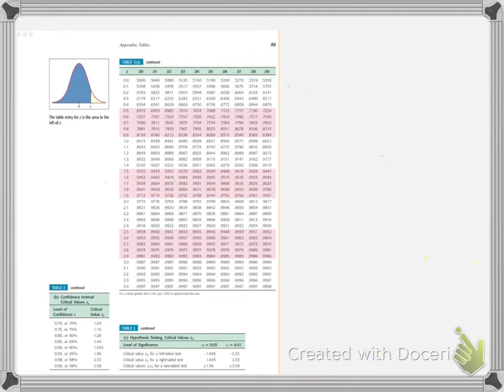Now let's assume the cutting line is 1.18. So the row is 1.1. This is the row.